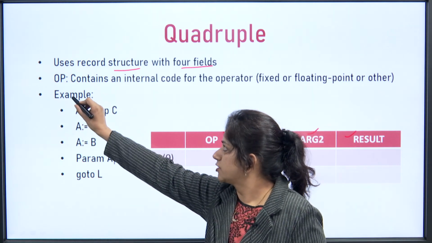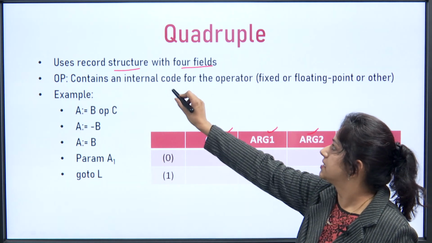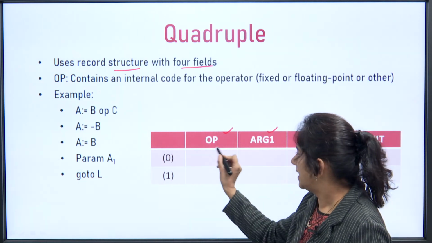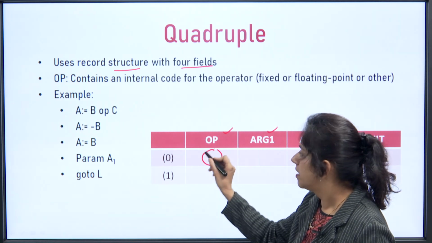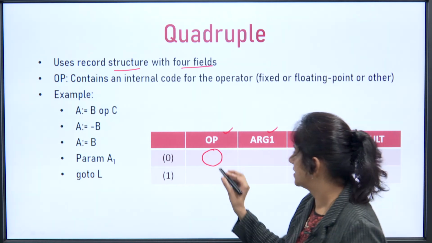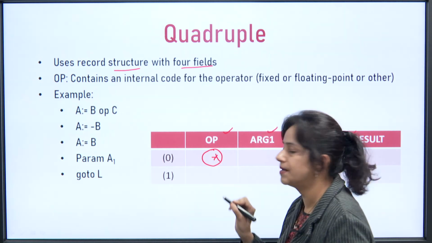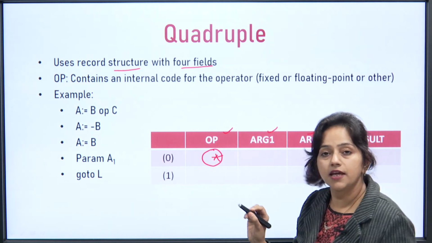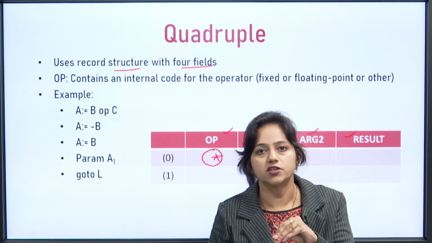The fields are operator, argument 1, argument 2 and the result. The operator field contains an internal code for the operator. Suppose the operator is multiplication. Rather than writing multiplication, we will write a code for multiplication here.